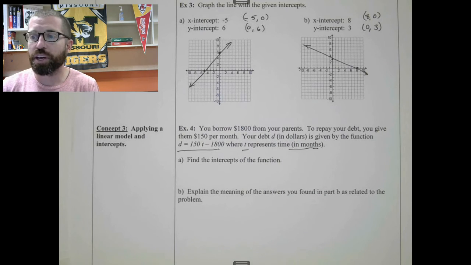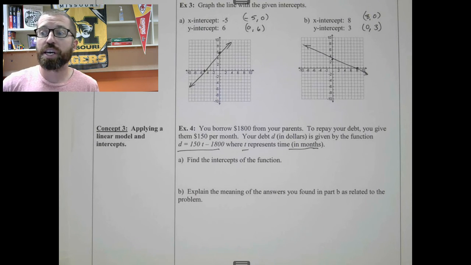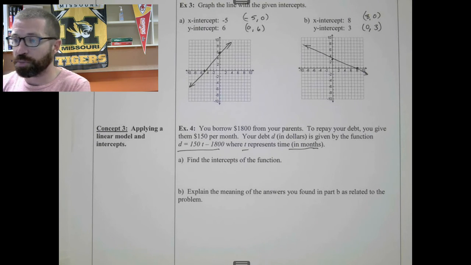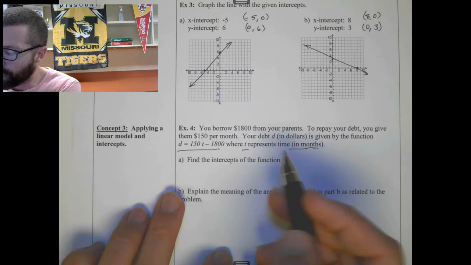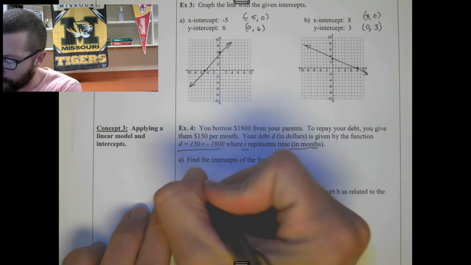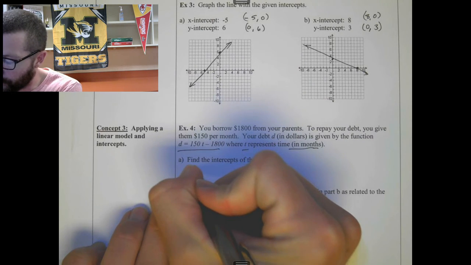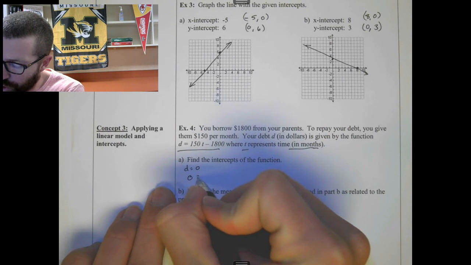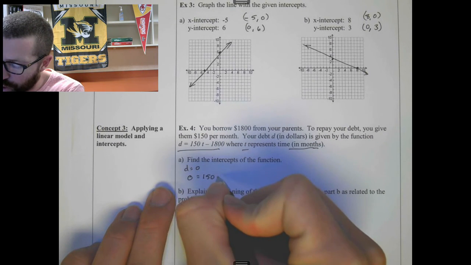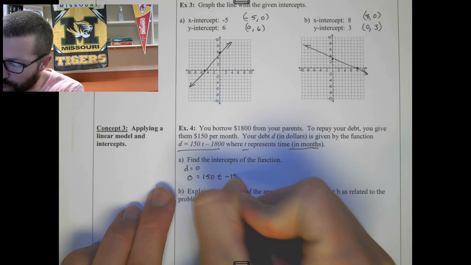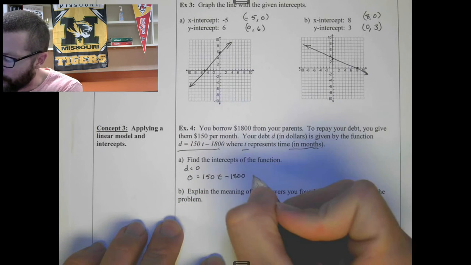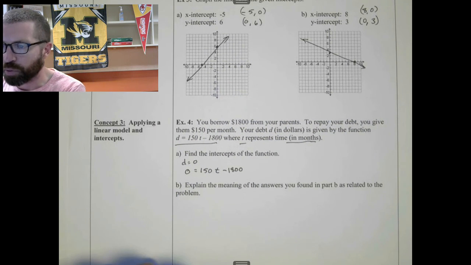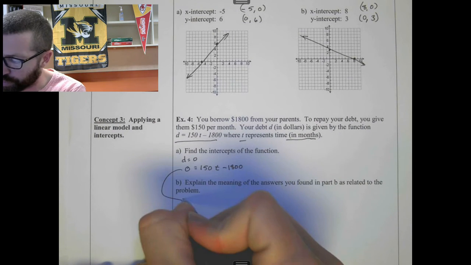Okay, so we want to find the intercepts. So there's D and T intercepts here. Let's plug in each one. Say your debt is 0. So let's do D equals 0. That means I have 0 is equal to 150T minus 1,800. I'm going to run out of room here, so let's move it down this way.